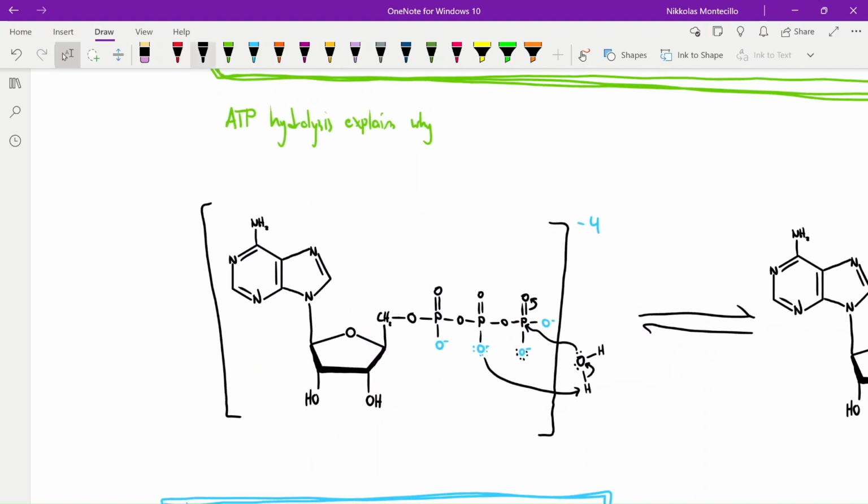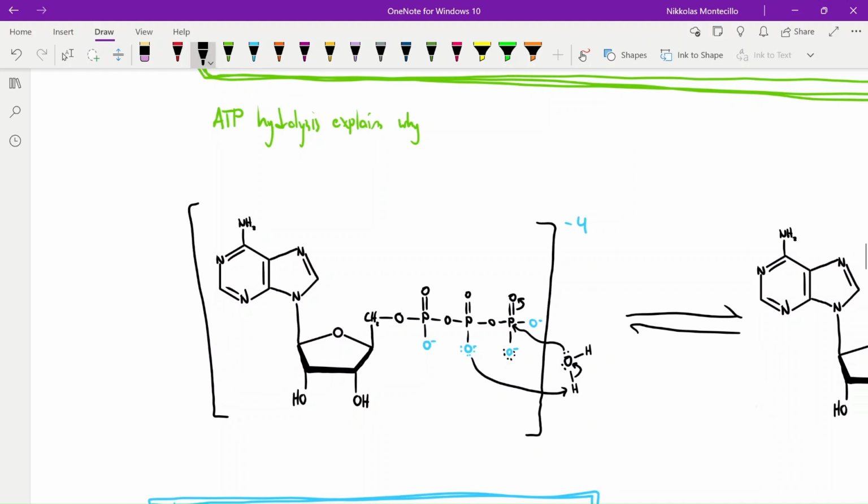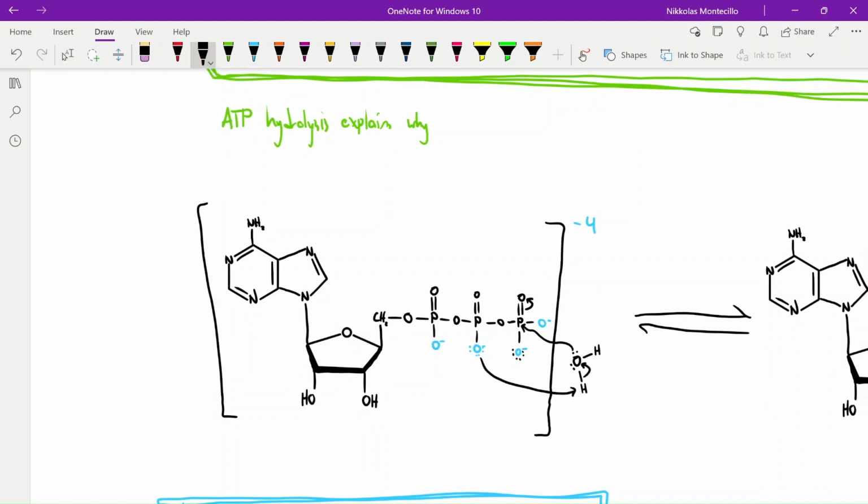There is a water molecule acting as a nucleophile that nucleophilically attacks the phosphorus group right here, pushing the electrons to shift towards this oxygen atom. At the same time, there's also another intermolecular reaction occurring where another phosphate group nucleophilically attacks, or no, this is incorrect.